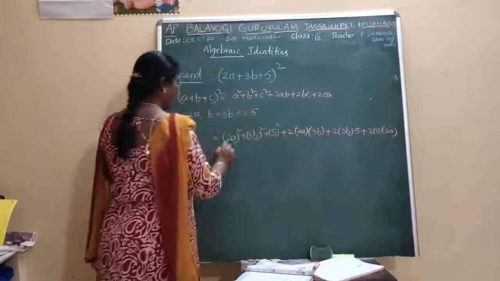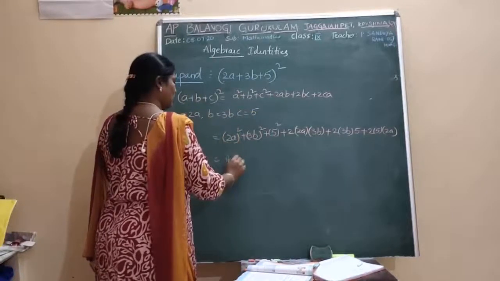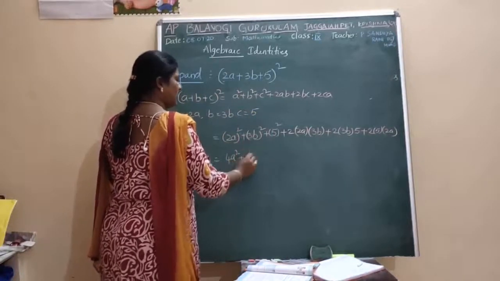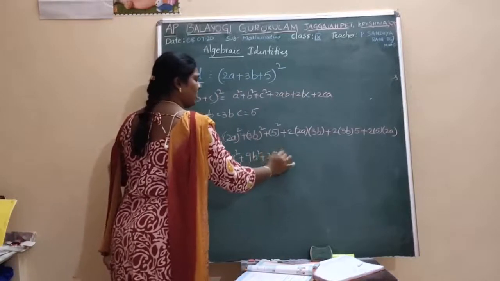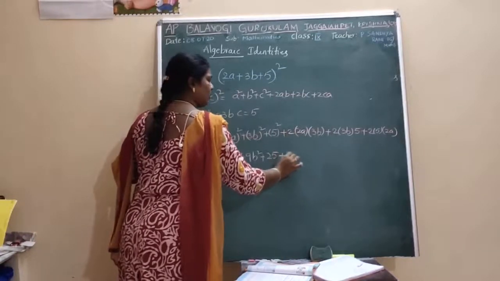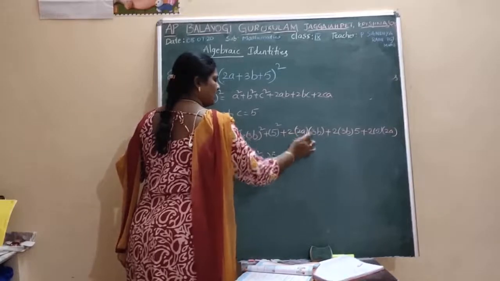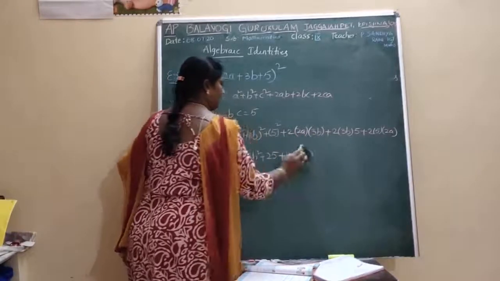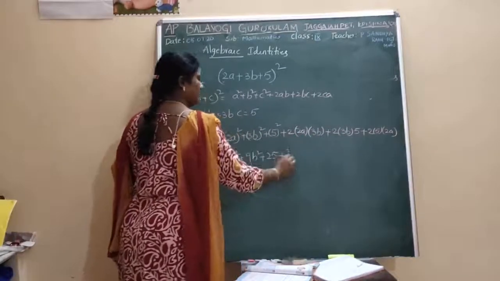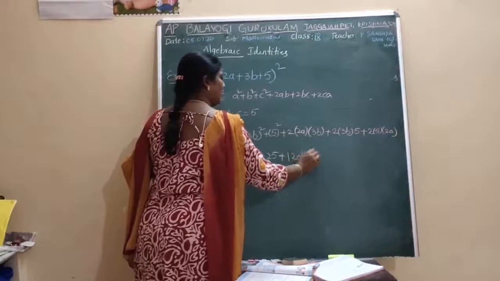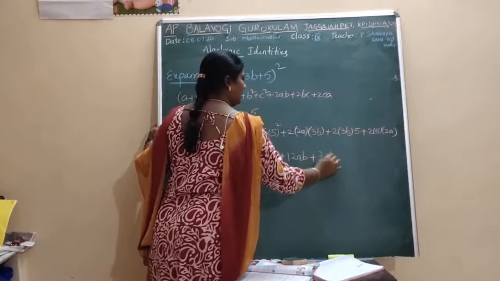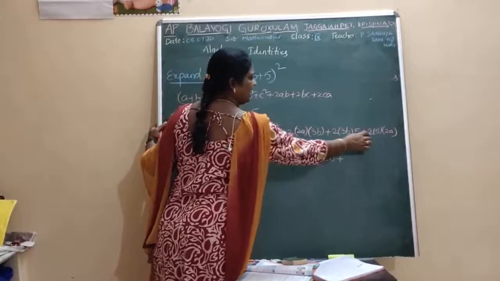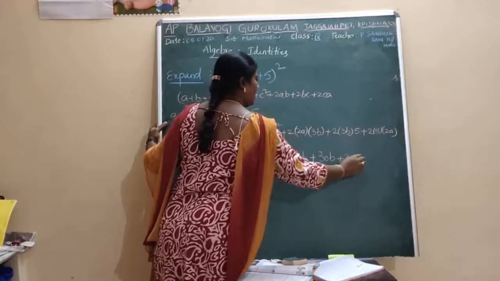That is 2a whole square is 4a square plus 3b whole square is 9b square plus 5 square is 25 plus 2 into 2a is 4a into 3b, that is 12ab, plus 2 3s are 6, 6 5s are 30b, plus 2 5s are 10, 10 2s are 20a.